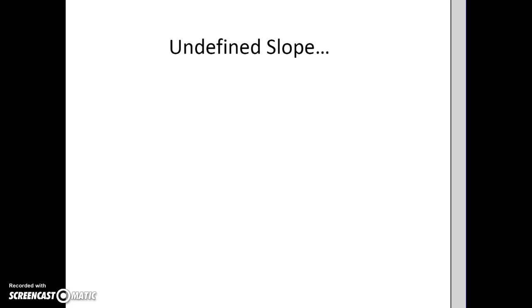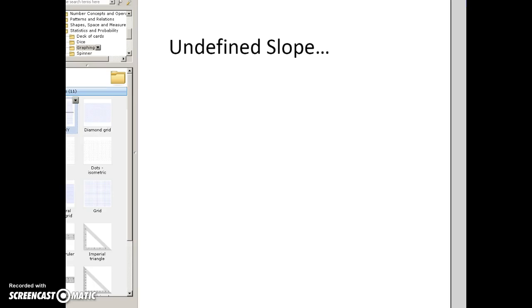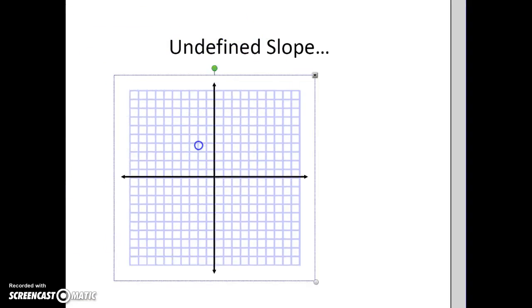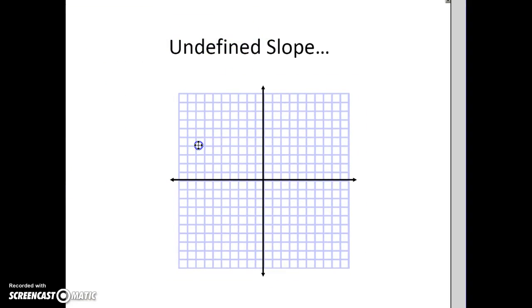And our undefined slope, we said that an undefined slope is a vertical line. So I'm going to actually look at this vertical line right here on the axis, the y-axis. It is a vertical line. If I pick 2 points, here's a point, and here's a point, I do rise.